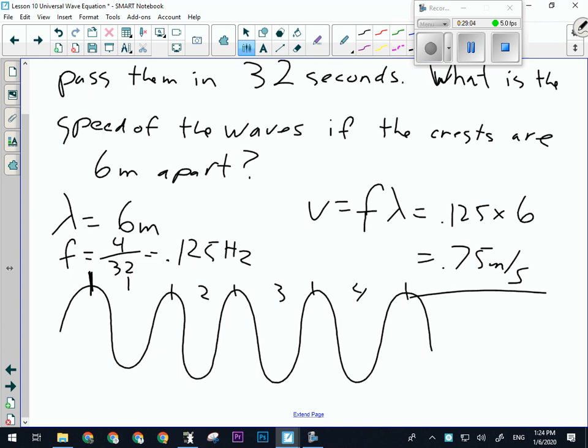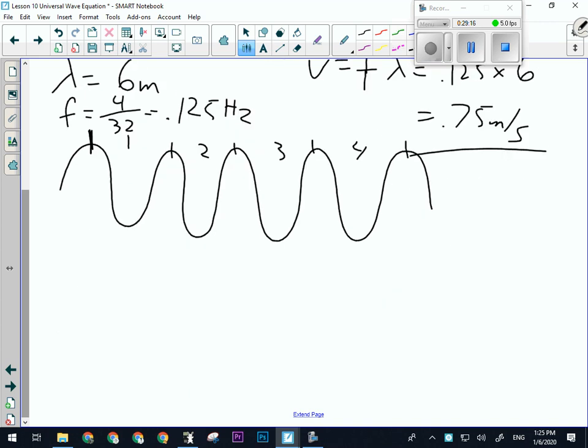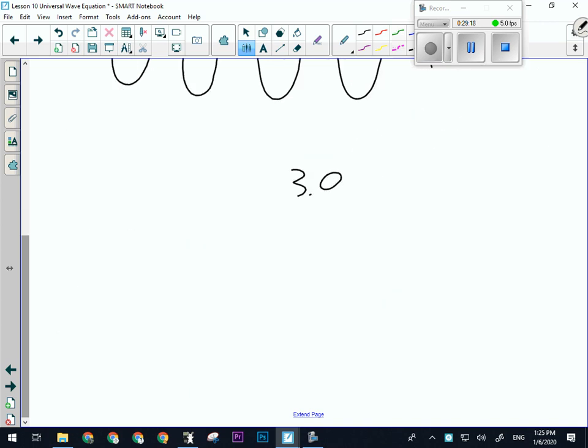All electromagnetic waves, even infrared, are going to travel at the speed of light. The speed of light is on your formula sheet under other useful constants. It is 3.0 times 10 to the 8 meters per second. Anytime you're dealing with an electromagnetic wave, a light wave of any kind, that is its speed.